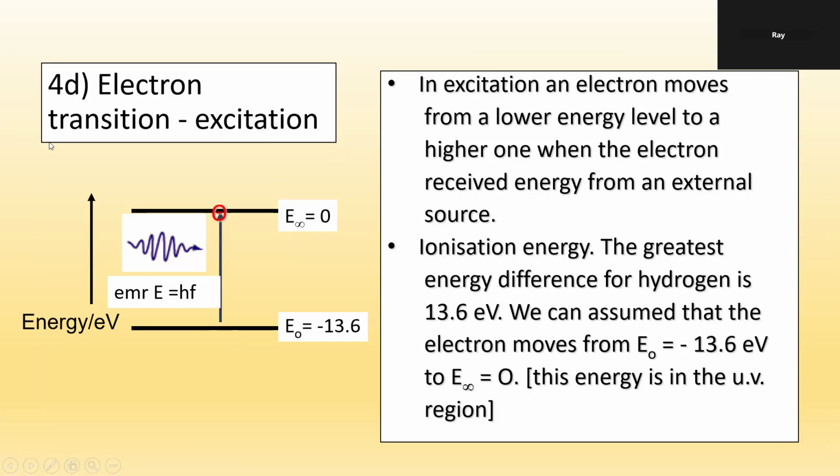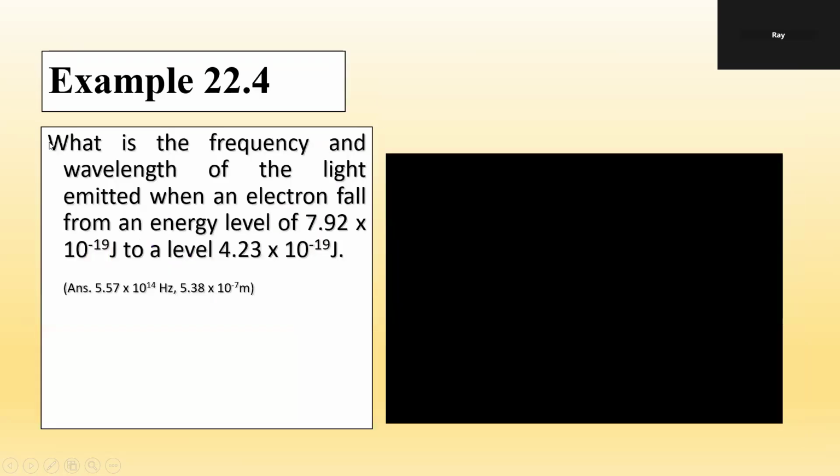Okay, calculate the frequency and wavelength of light emitted when an electron falls from energy level 7.92 times 10 to the power minus 19 to energy level 4.23 times 10 to the power minus 19. You can get the answer using the formula that I've given you.